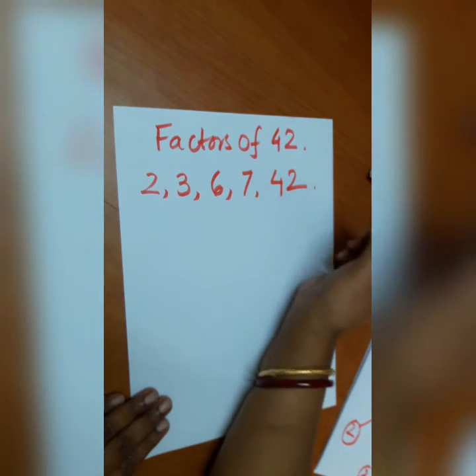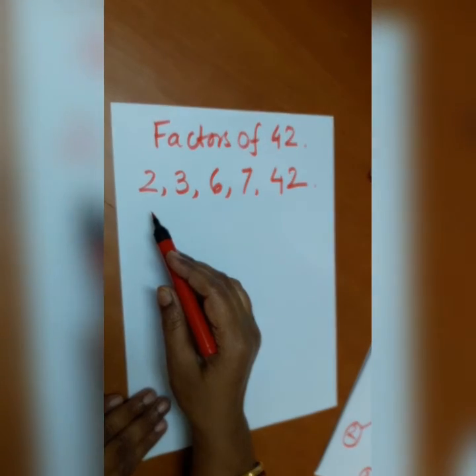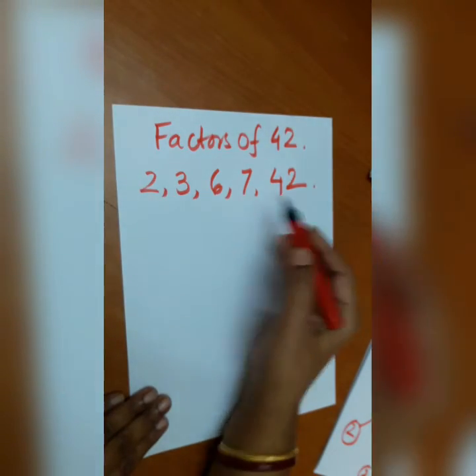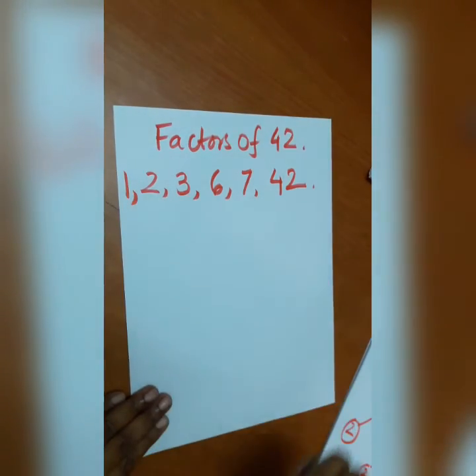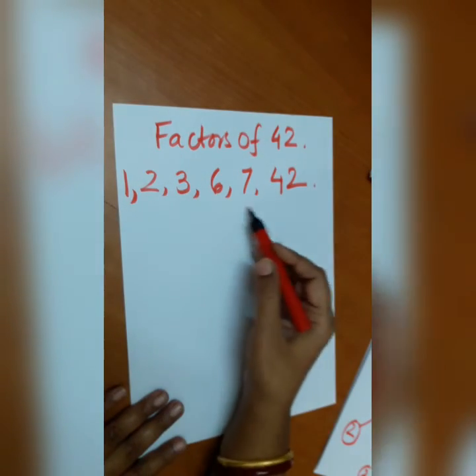And of course 42 is also there. If someone tells you, you can write 1 also. You will actually write 1 also because factors of 42 are like this.